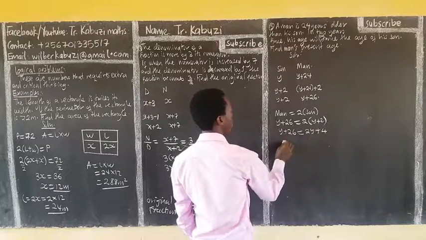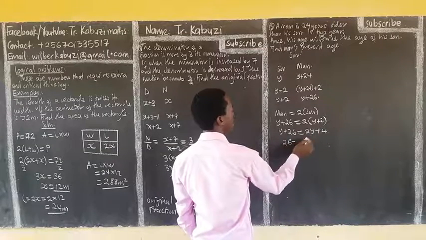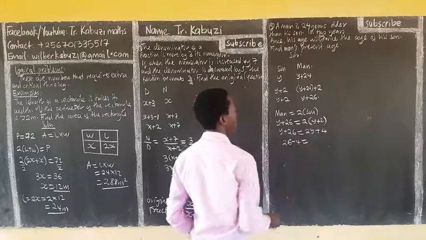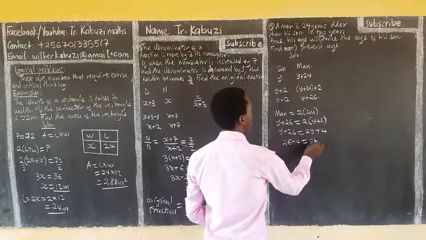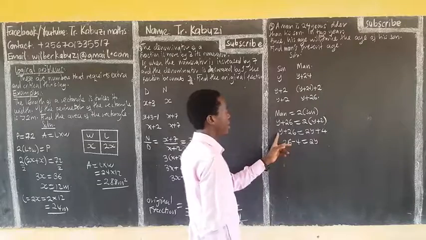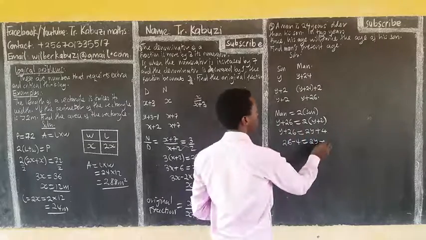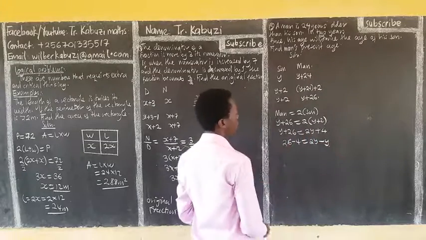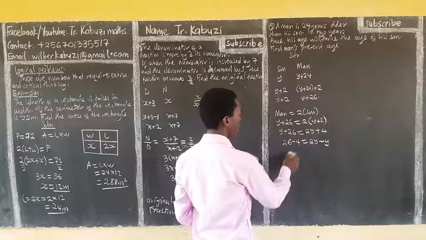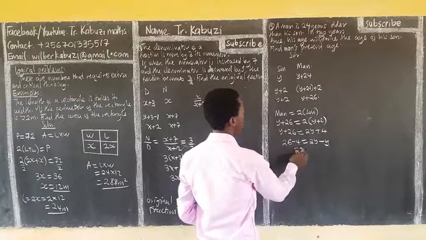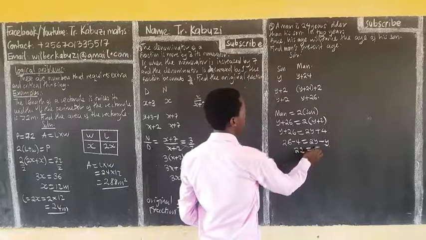When I bring this 4, it becomes 26 minus 4, equaling 2y minus y. When this one is positive and it crosses the equal sign, it becomes a minus. So when you simplify here, you get 22 equaling y.